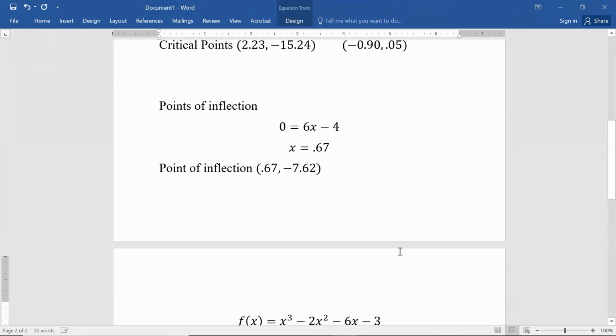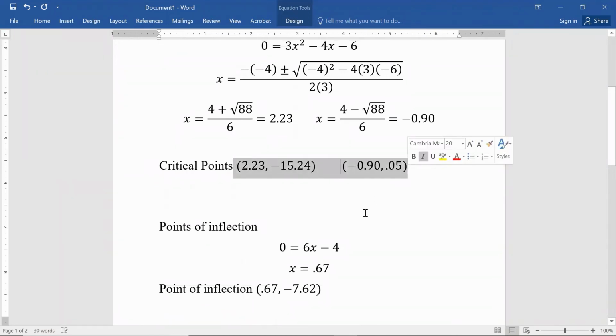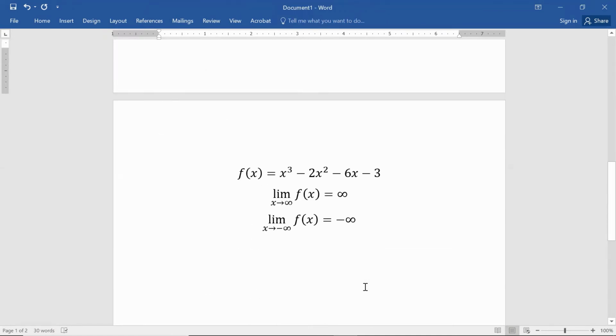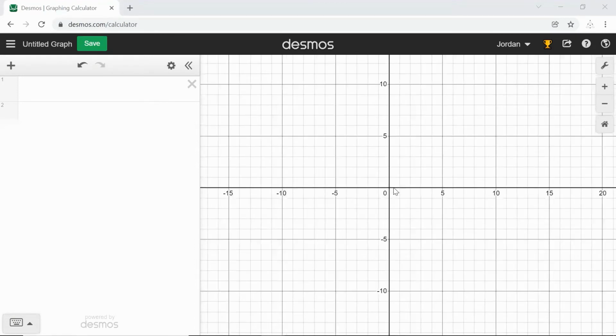Once I have all of these points, I can go ahead and start graphing. I'm going to graph this on Desmos. Instead of plugging in the function, I'm going to do this the old-fashioned way. Take the points that I just found, the critical point of 2.23, comma, negative 15.29, I believe.